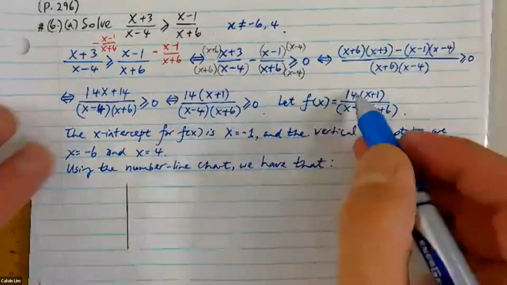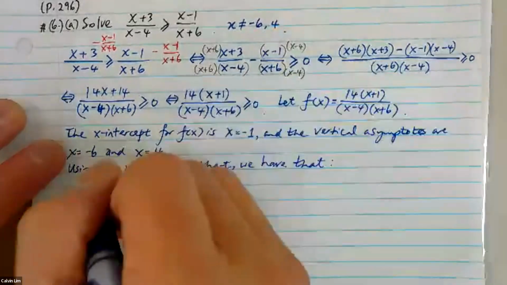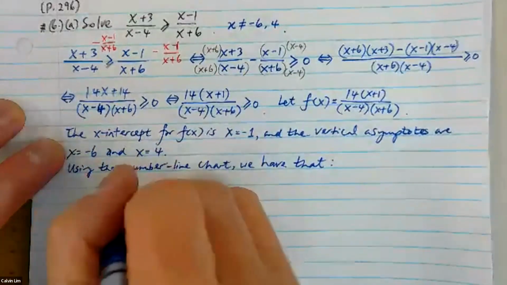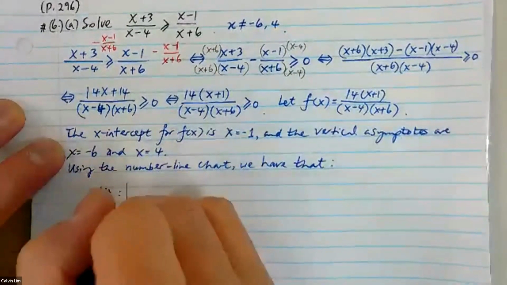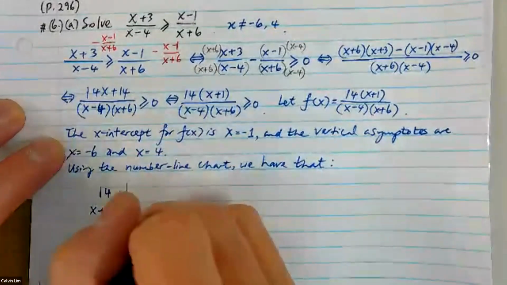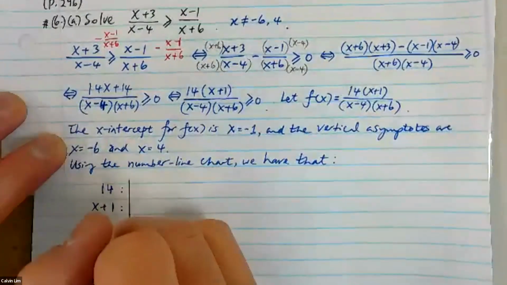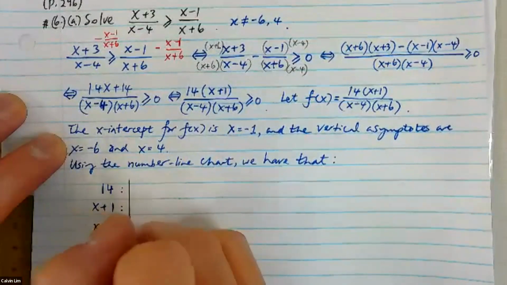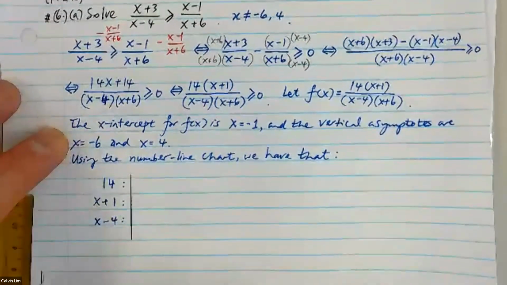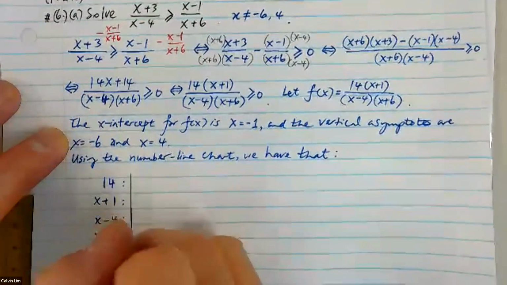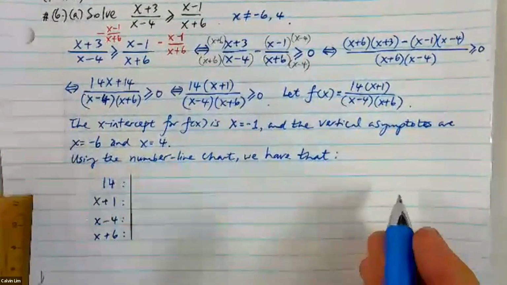So 14 is a factor, x plus 1 is a factor, x minus 4 is a factor, and x plus 6 is the other factor.